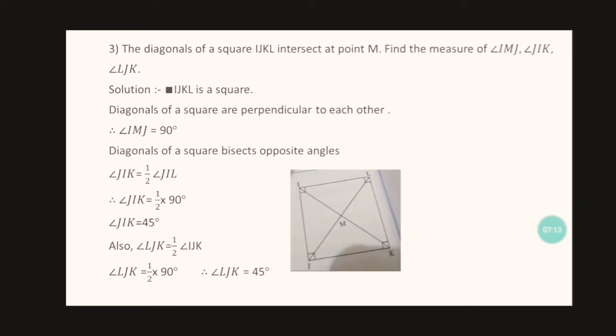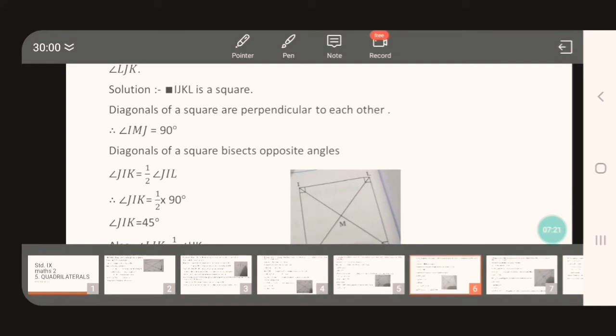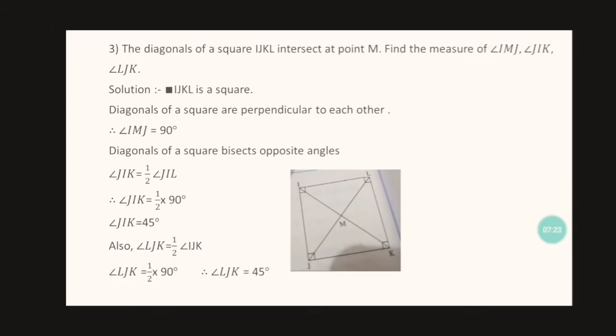Third problem. The diagonals of the square IJKL intersect each other at point M. Okay. Now here, find the measure of angle IMJ, the measure of angle JIK, and the measure of angle LJK.